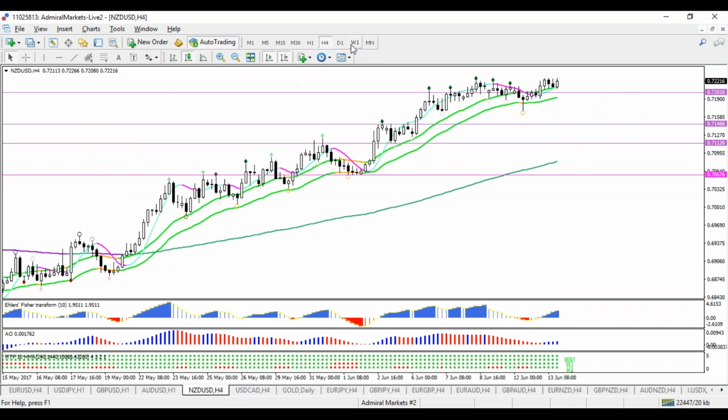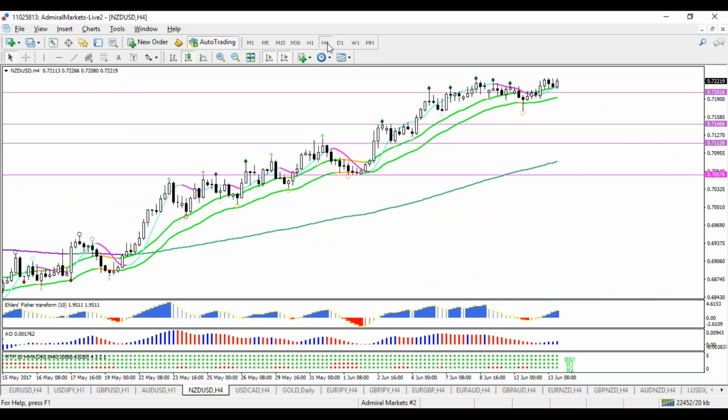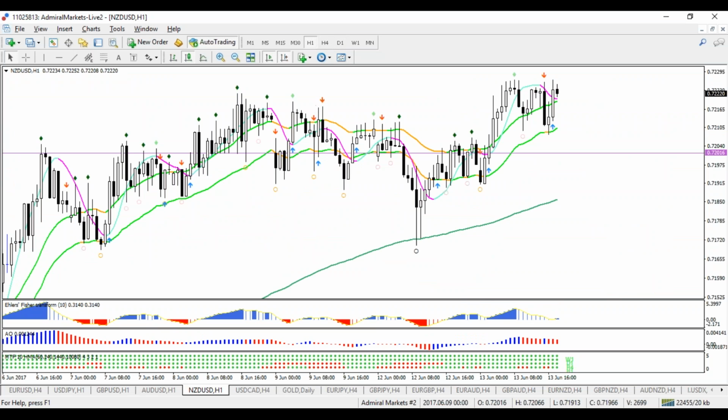Alrighty, let's see. Kiwi looking bullish so far. And that could be good because it is breaking above the 21 EMA.